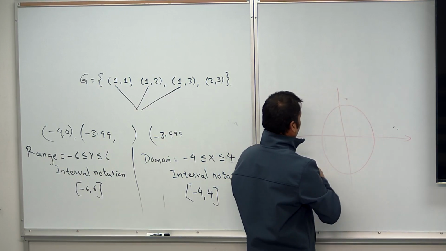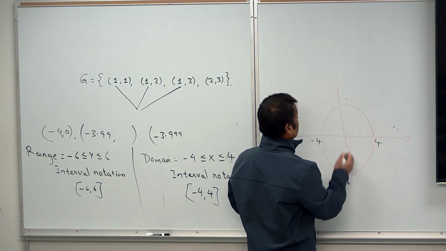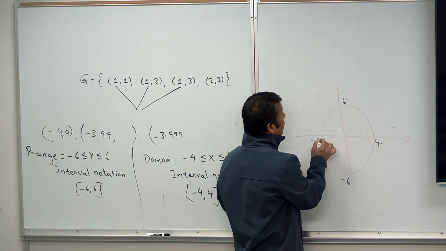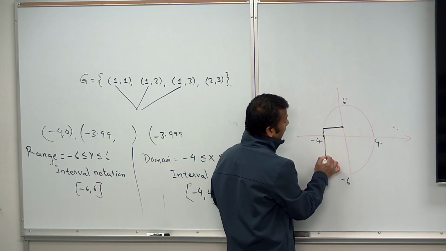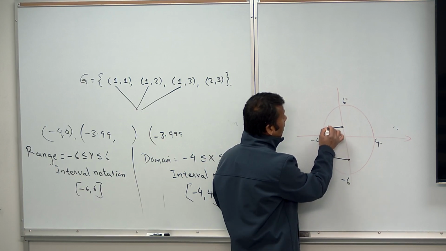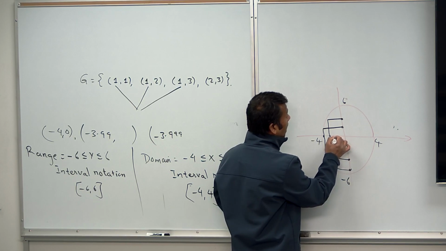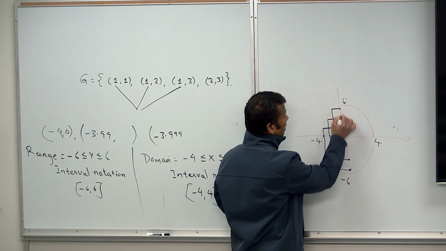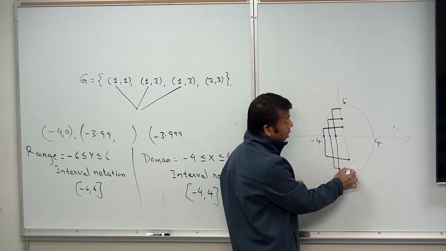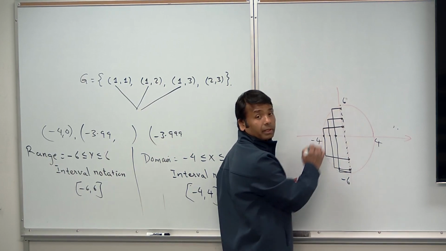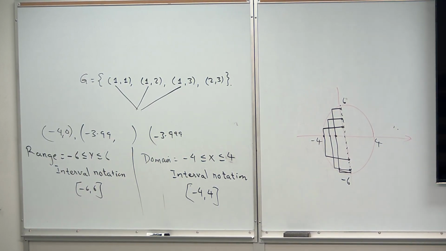So this is your -4, this is your +4, this is your -6, this is +6. If you have an x value here, you have corresponding y values here and here. If you have a y value here, you have corresponding x values here and here. So all the y values are here. Make sense? So -6, comma +6.